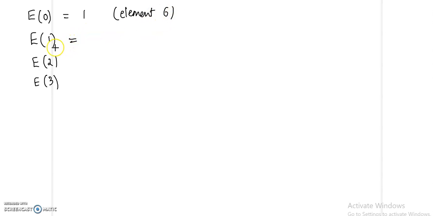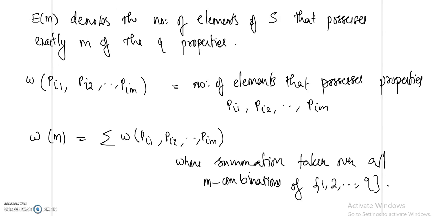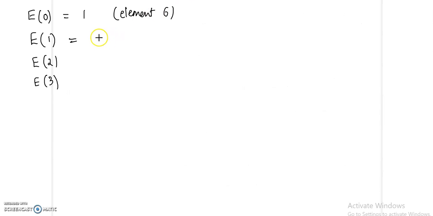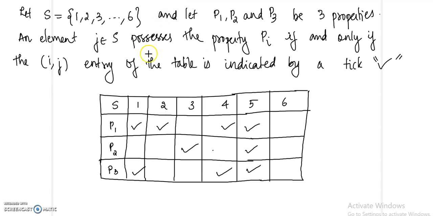Now E of 1 is the number of elements which possess exactly 1 property. If you look at 2 and 3, those possess exactly 1 property. So E of 1 is going to be equal to 2, corresponding to elements 2 and 3. Now if you look at E of 2, we need the number of elements which possess exactly 2 properties.